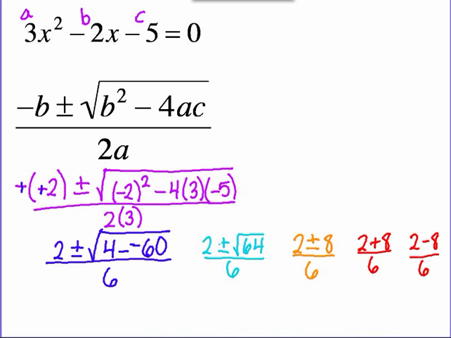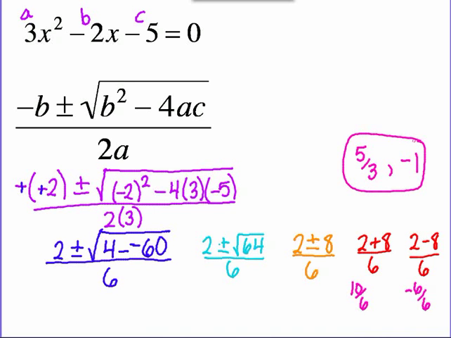So first of all, the 2 plus 8 is 10 divided by 6, but I know that that is actually 5/3. I know that 2 minus 8 is negative 6 divided by 6, which is negative 1. So if you remember what I said, the biggest mistake that gets made in these problems is in the simplification.